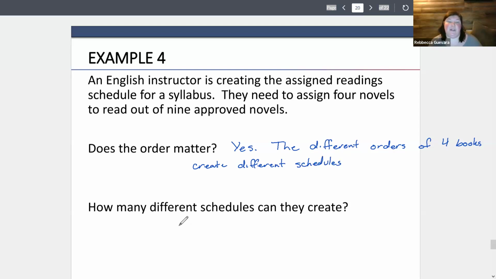How many different schedules can be created? In this case, we do a permutation because order does matter. So we have 9 approved novels, and I am going to choose 4 of them.